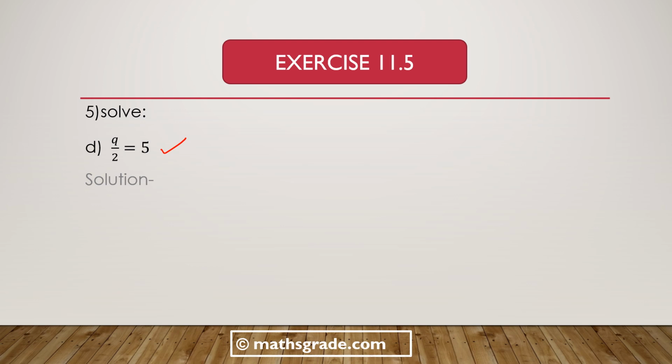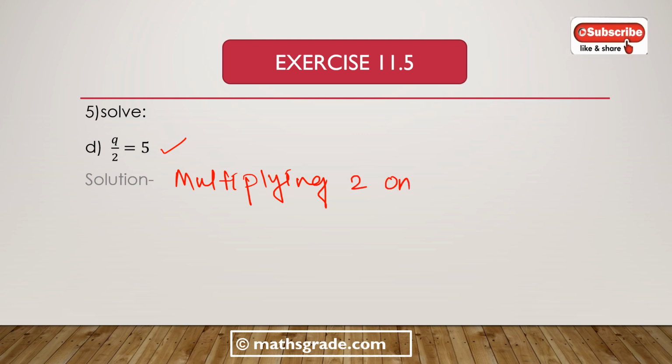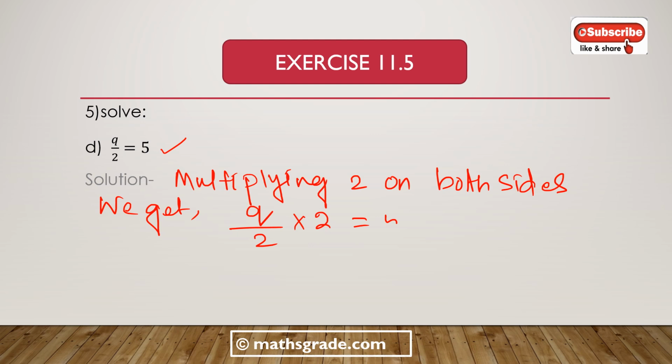So multiplying 2 on both sides of the equation, we get q divided by 2 multiplied with 2 equal to 5 multiplied with 2.